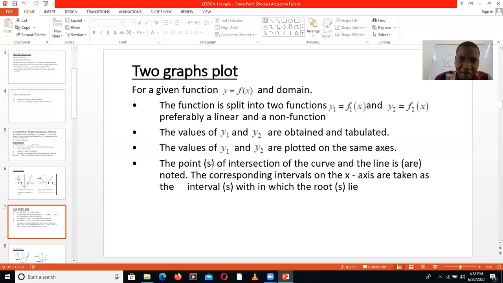How do you know that a given function is a straight line and another one is not? All functions which have variables whose power is not 1 will always be curves. If you have a function which has a variable whose power is not 1, that function will be a curve. Look at this.